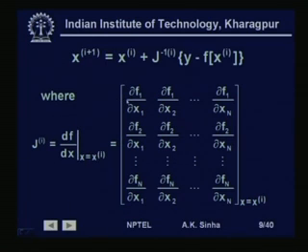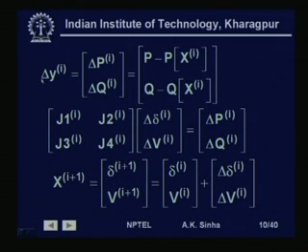What we are doing is, for each equation we are finding the partial derivative of the equation with respect to x1, x2 up to xn, and for each of these n equations we have these partial derivatives. So, we will get a Jacobian matrix in this form, which is the first order partial derivatives of f with respect to x at x is equal to x i, that is the value of x at ith iteration.